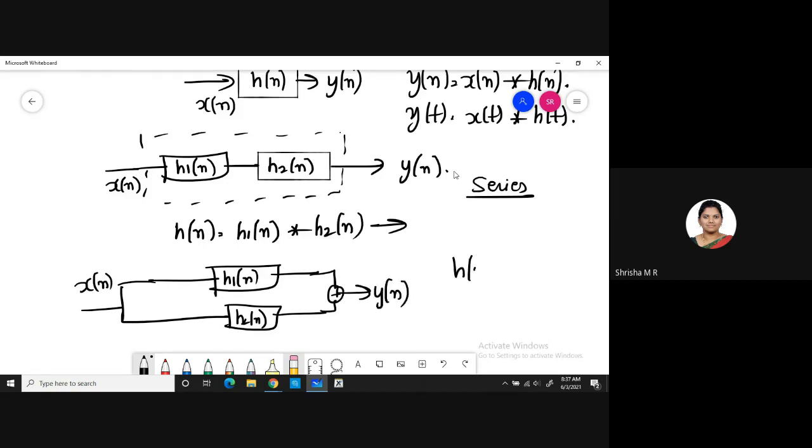So h of n in the parallel case would be h1 of n plus h2 of n, plus or minus depending on the signs here. Okay, got it? If two systems are in parallel, then h of n would be h1 of n plus or minus h2 of n. If they are in series or cascade, it will be h1 of n convolved with h2 of n. Got it? Is it clear?